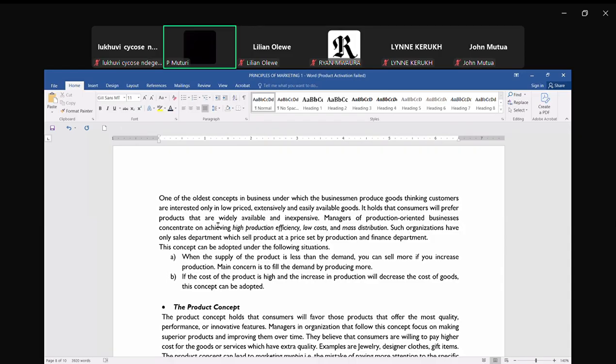If the cost of the product is high, and the increase in production will decrease the cost of goods, as you produce more you will gain economies of large scale production. Then that is also a situation where this production concept is applicable even today. So producing many of those mass products where the cost per unit goes low as you produce more and more.